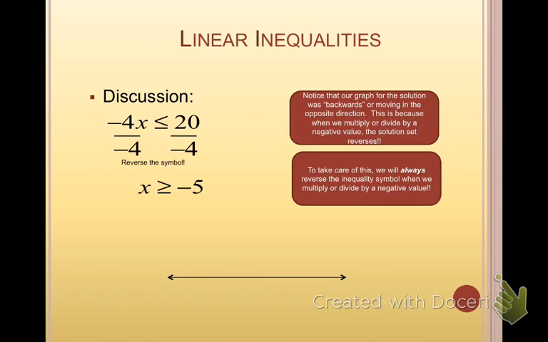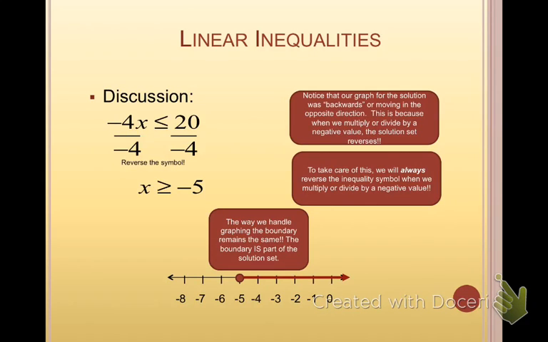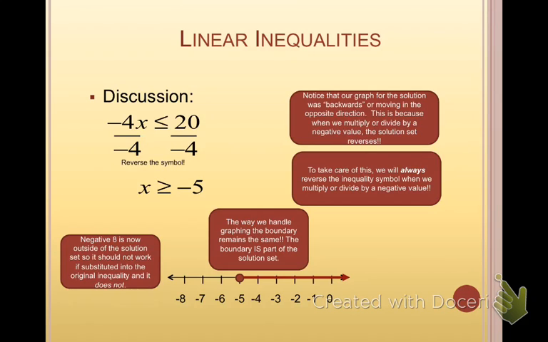Anytime you multiply or divide by a negative value, your sign is going to flip. If you add or subtract a negative, it doesn't matter. But if you multiply or divide, the inequality symbol will flip. So now we have x is greater than or equal to -5, and if we test values again, all of the values that we test now work.